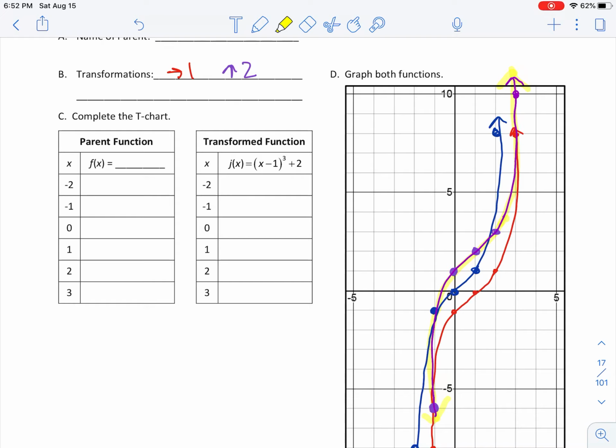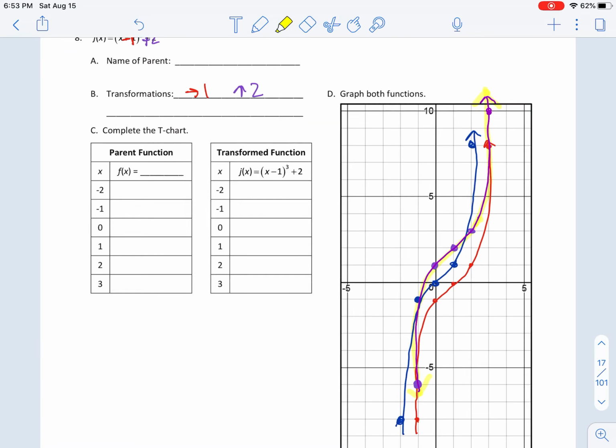For some of us, this looks really gross and you're like, man, this is not what I want my paper to look like. For some of us, we're like, yes, I want to see every single step. I don't really care that the end result looks gross. I want to be able to see it. So it's your choice. I will let you know that I can give you partial credit for the ones that keep the steps in between.